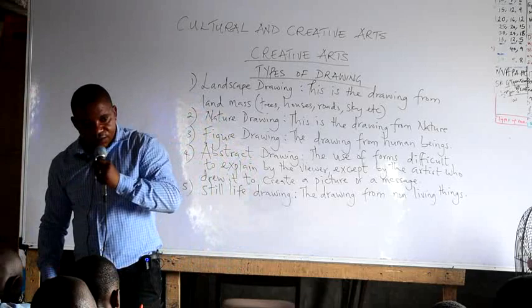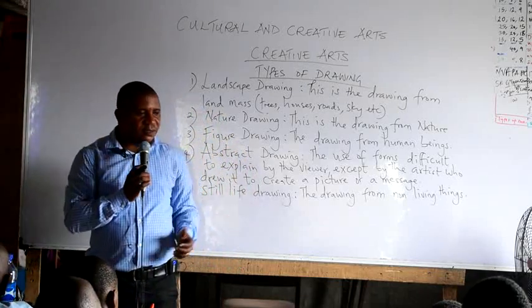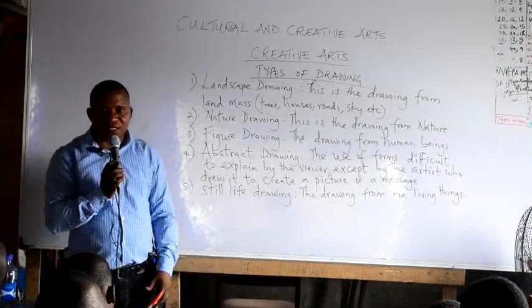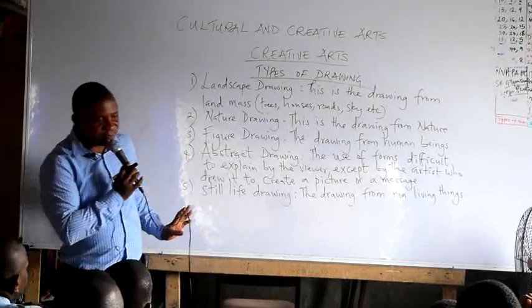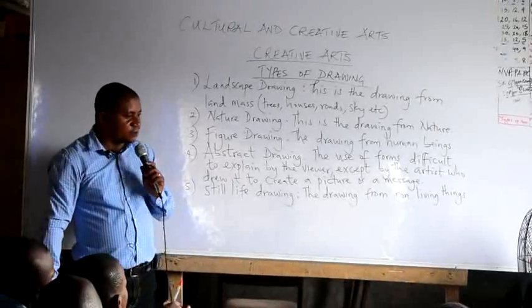Non-living things such as objects. When we draw them, we say still life drawing. Objects, things that are not alive, that have no life. When we draw them, we say still life drawing.